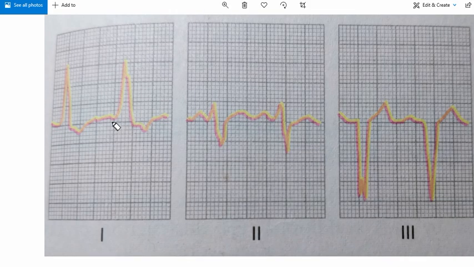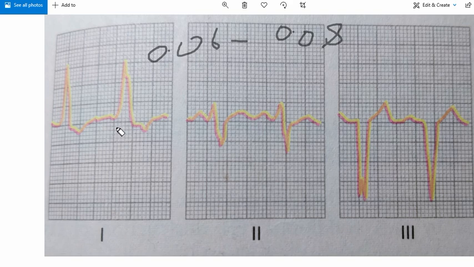As I have told you in previous lectures, and in this lecture as well, the normal duration of QRS is 0.06 to 0.08. So 0.08 is approximately equal to 2 small boxes.